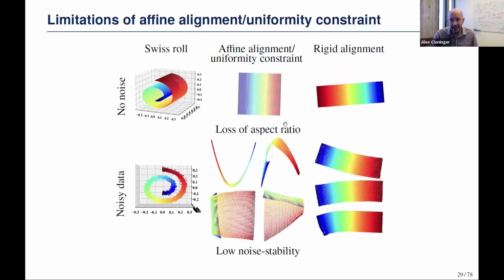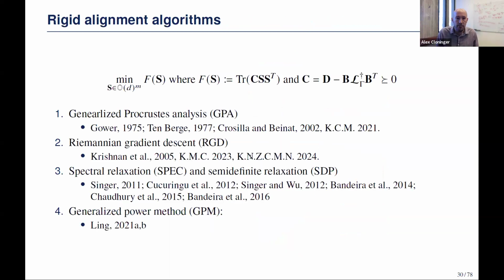Similarly, in noisy data, when you do affine alignment, you can wind up with a lot of collapses: multiple eigenfunctions varying in the same direction, so your embedding doesn't really look right, or they collapse on top of each other. That's really bad for downstream analysis. You could have two points that are in the same place in the embedding, but in fundamentally different places in the actual data. With rigid alignment, that won't be a problem. So I really want to focus on rigid alignment.